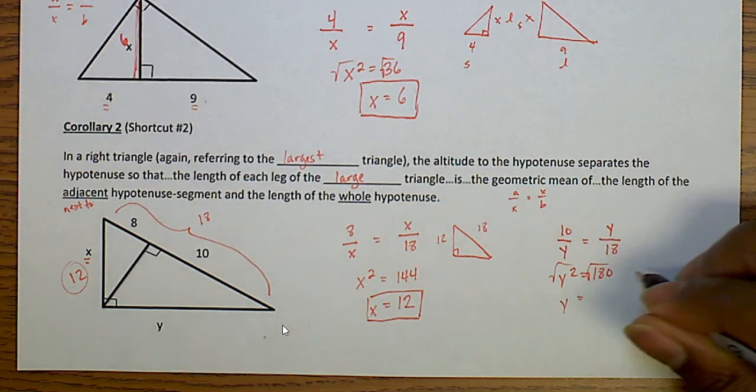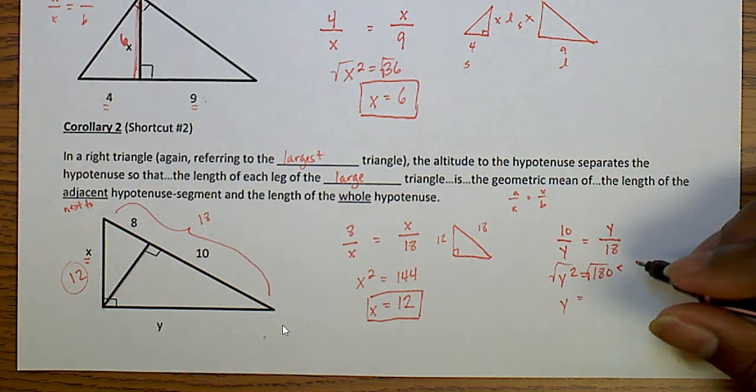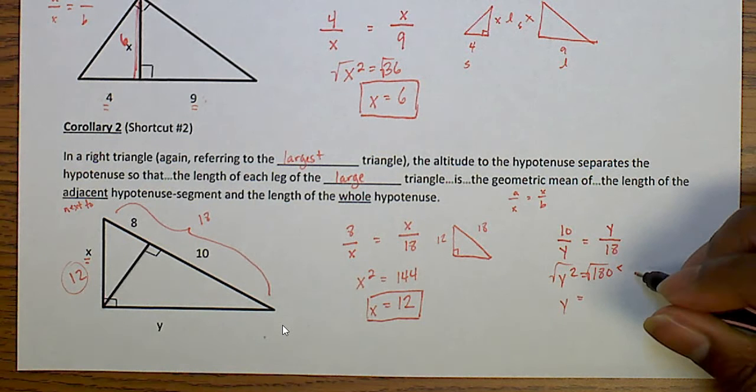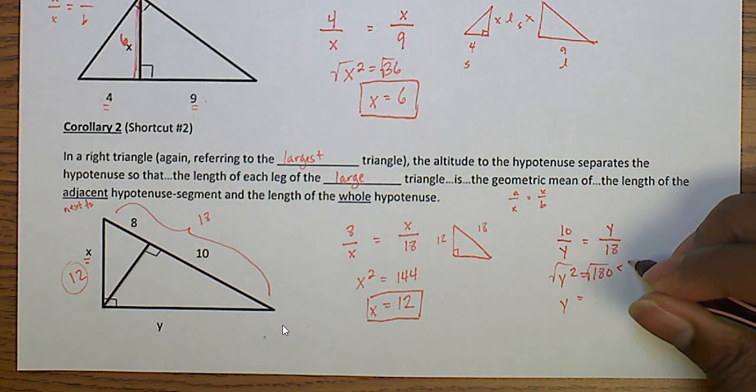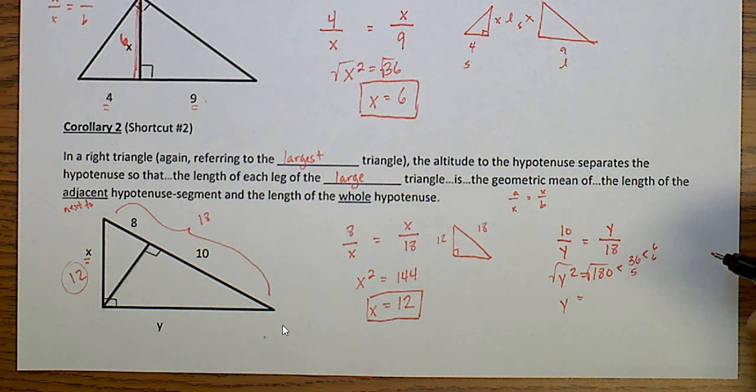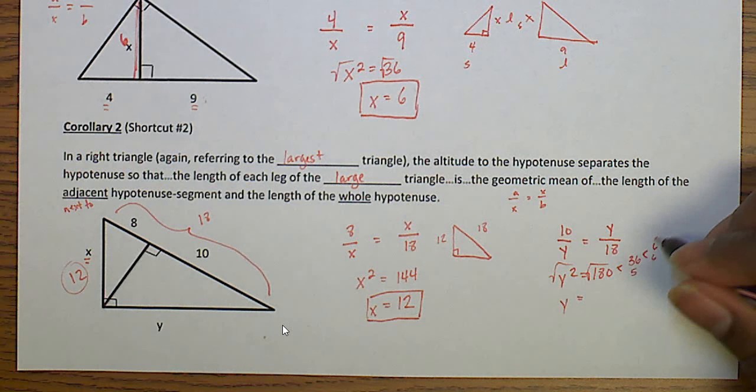I might have to actually do that math. 64 times 5, does that work? No, that's too much. 9 times 20. 36 times 5. 36 times 5. Sweet. Alright. Okay, so then I have 6 radical 5.